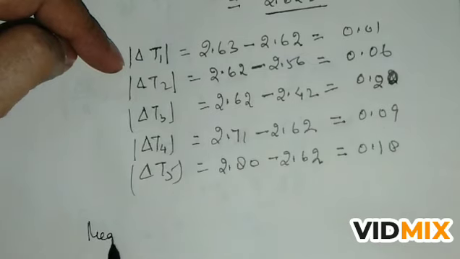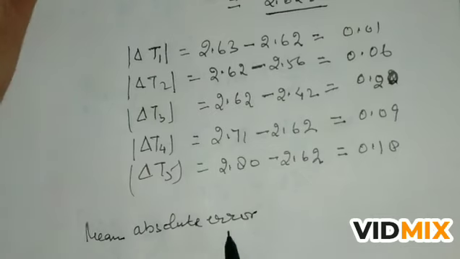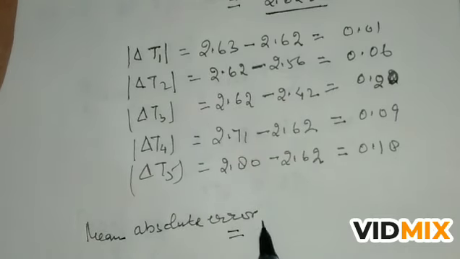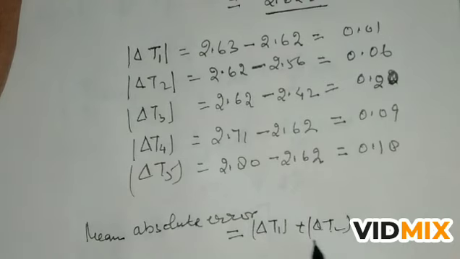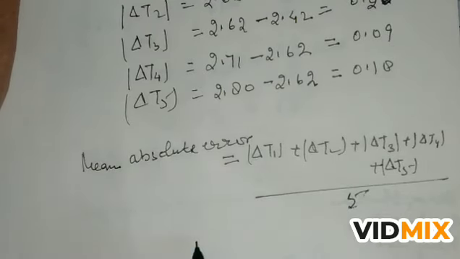Mean absolute error is equal to delta T1 plus delta T2 plus delta T3 plus delta T4 and plus delta T5 divided by 5. Now you put all the values.